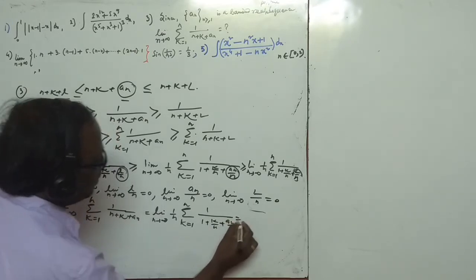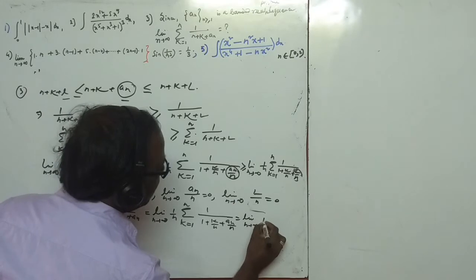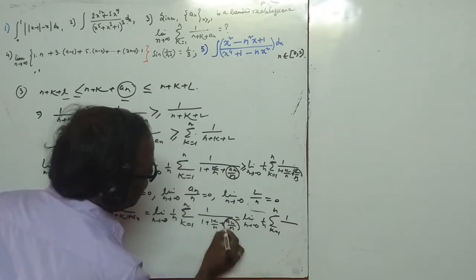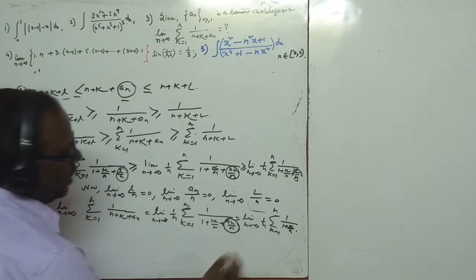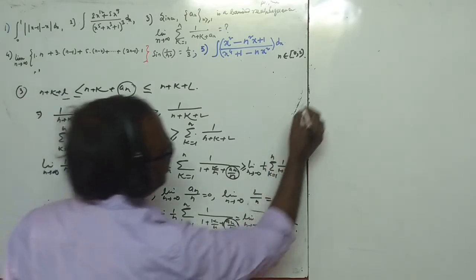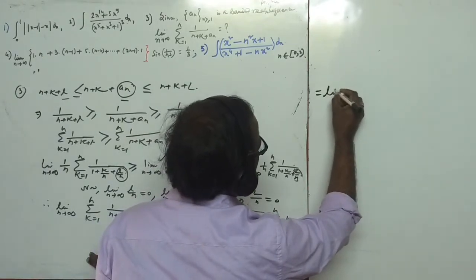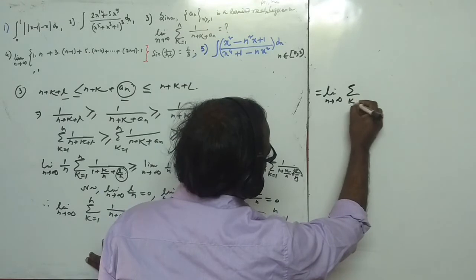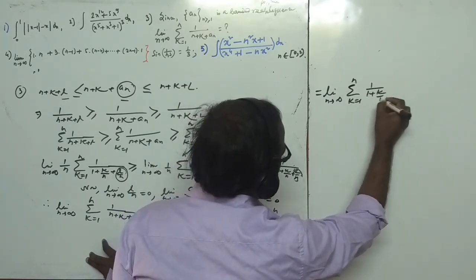Okay, and that is equal to limit n tends to infinity here, 1 by n, and that is summation k equal to 1 to n, and this is a 0. Okay, that's why 1 plus k by n here. Okay, and now this can be written like that. Limit n tends to infinity. Okay, summation k is equal to 1 to n and 1 by 1 plus k by n here.